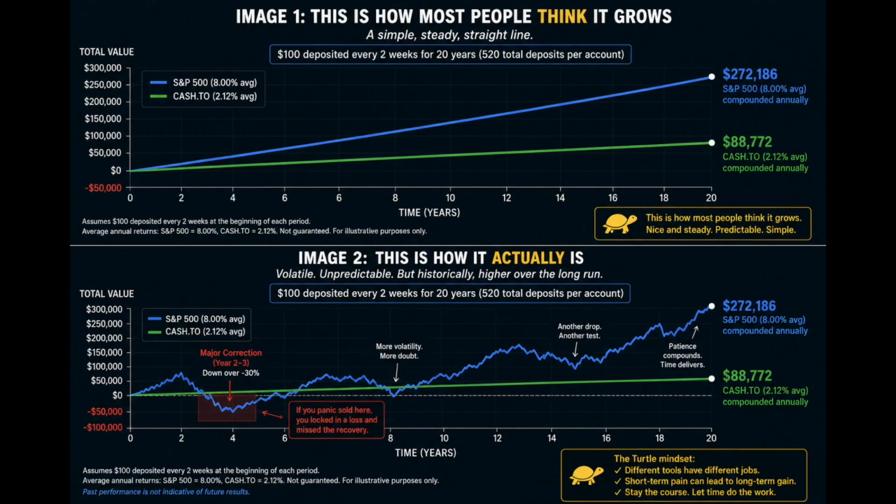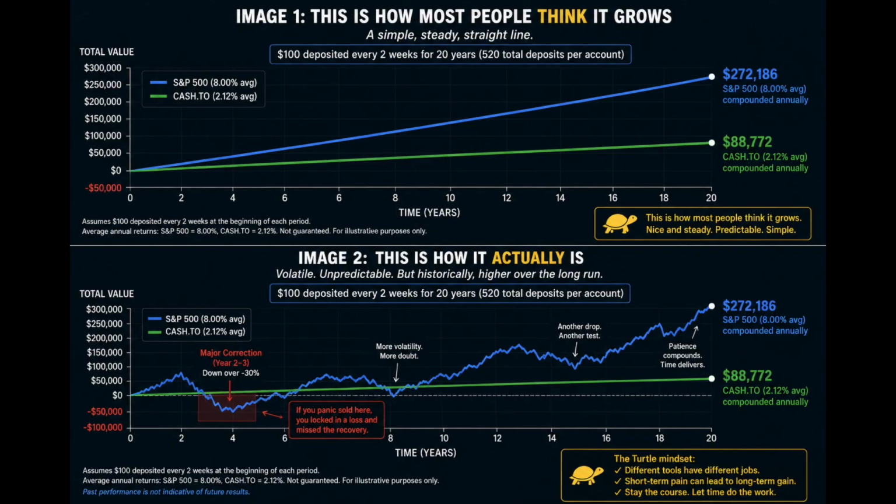On the screen, you'll see two different charts. One represents a stable investment, like a high interest savings ETF, where growth is slow and relatively steady. And the other represents the S&P 500. In image one, this is how people think of growth in their head.